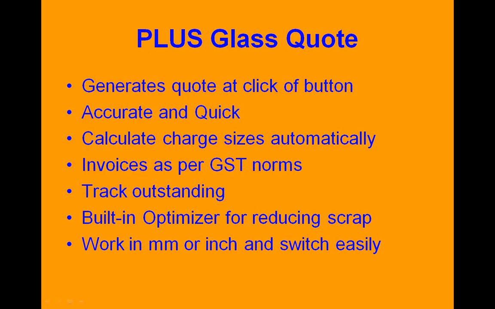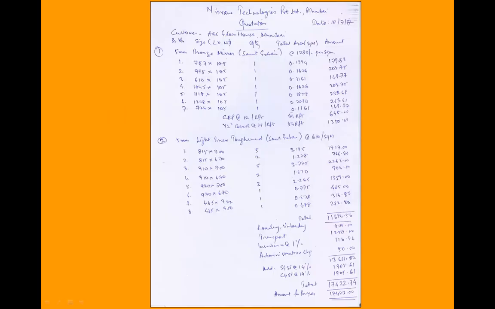In this tutorial we will see how to generate a code quickly and also see the different type of codes that can be generated. Now let us see a code that has been made manually. There are two items: 5mm bronze mirror from Saint-Gobain at 1290 per square meter, 5mm light green toughened glass again from Saint-Gobain at 600 rupees per square meter.